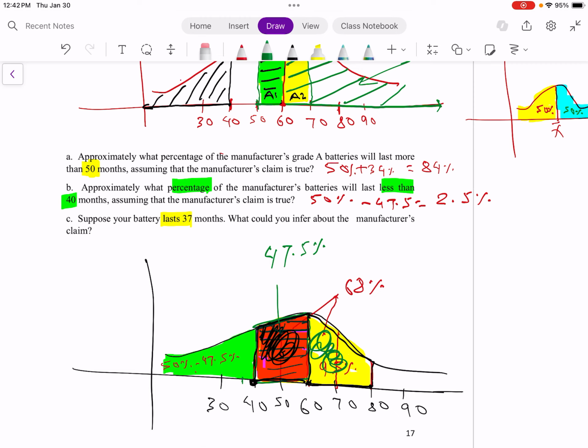From this calculation, we know that 84% of the batteries last more than 50 months, right? So now can we say the manufacturer's claim is not true?